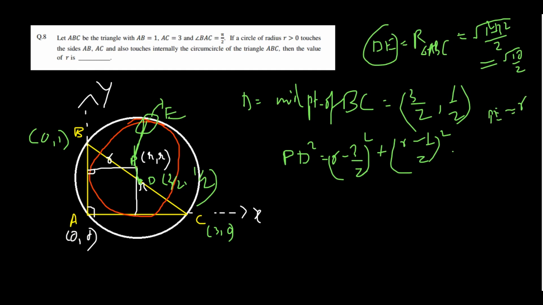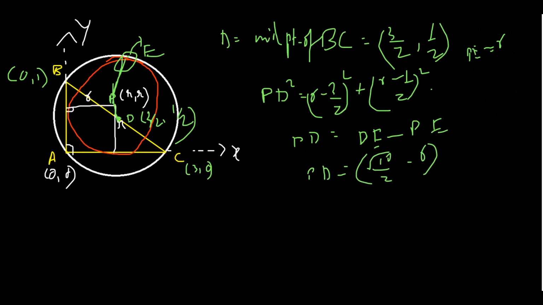So these two we will cancel with 10 by 4, and we will get that R square minus 4R equals minus root 10R. So if we just take all the terms to LHS, we will get R square minus 4R minus root 10R equals 0.